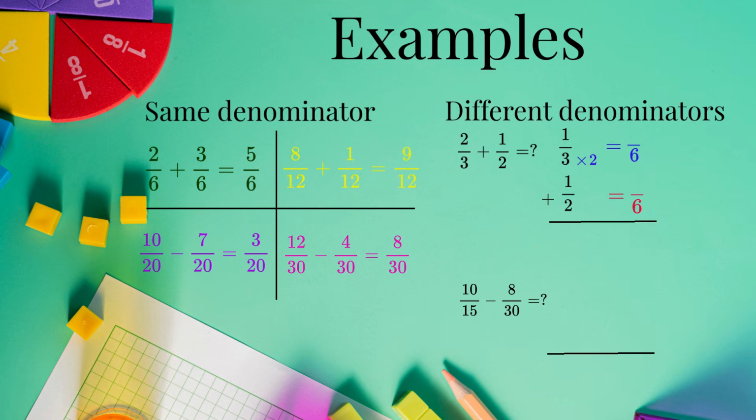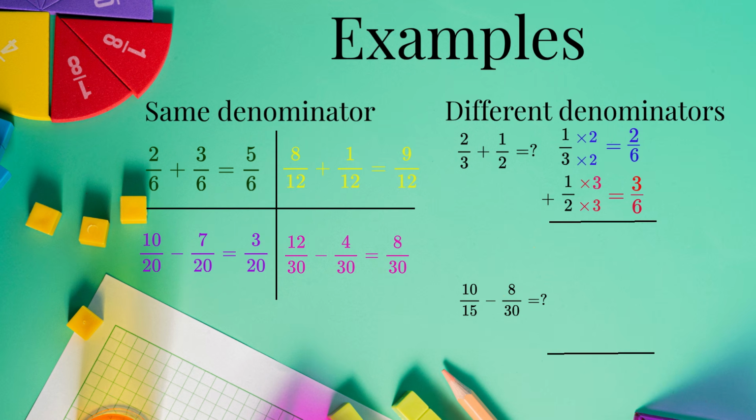So 1 times 2 equals 2, which is how I got my new fraction of 2/6. For 1/2, in order for me to get from 2 to 6, I have to multiply by 3. So since 2 times 3 gives me 6, I have to multiply my numerator by 3 as well. 1 times 3 is 3, so my new fraction is 3/6.